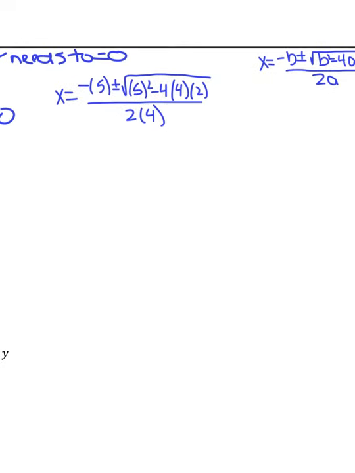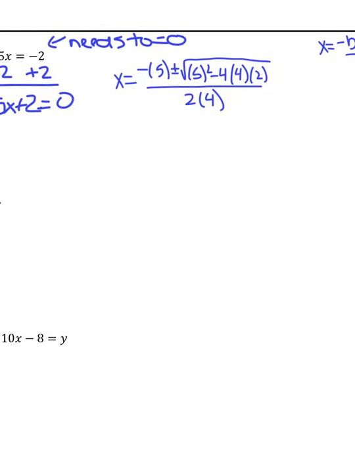Then it equals negative 5 plus or minus the square root, so 5 squared is 25. And then 4 times 4 is 16, 16 times 2 is 32, so it's a minus 32, because negative 4 times 4 is negative 16, and negative 16 times 2 is negative 32. And then 2 times 4 is 8 on the bottom.